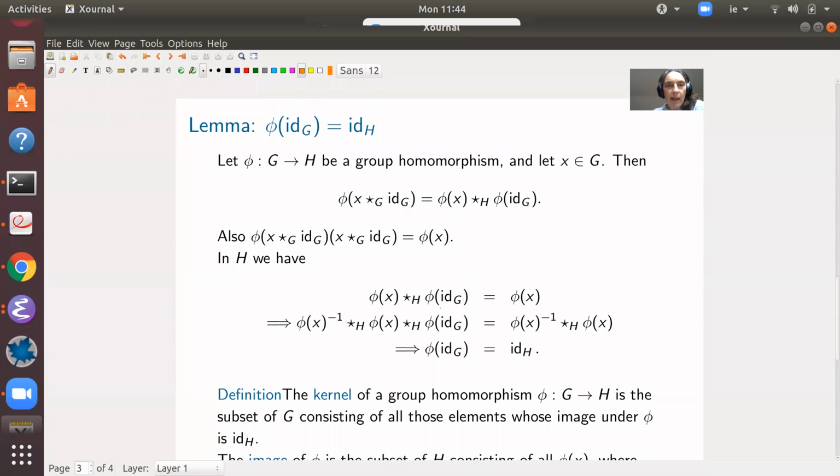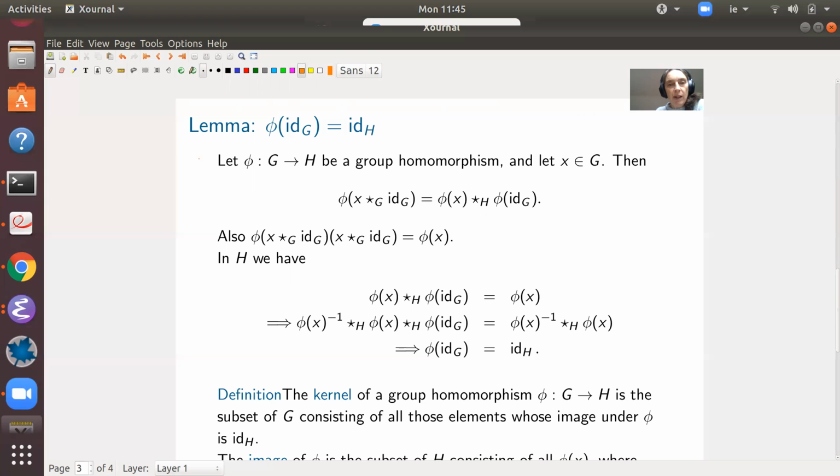First observation is that if we have a group homomorphism, so now we're back in the abstract context where we have a homomorphism from a group G to a group H, and it takes elements of G to elements of H and preserves the algebraic structure in the sense that we've seen, then the assertion is that, and this is not too surprising, I guess, that the group homomorphism must take the identity element in the domain group G to an element in the codomain H, or the target H, which has a neutral property with respect to the operation in H, and that's the identity element of H. So the assertion is that a group homomorphism will always take the identity element of the domain group to the identity element of the codomain group.